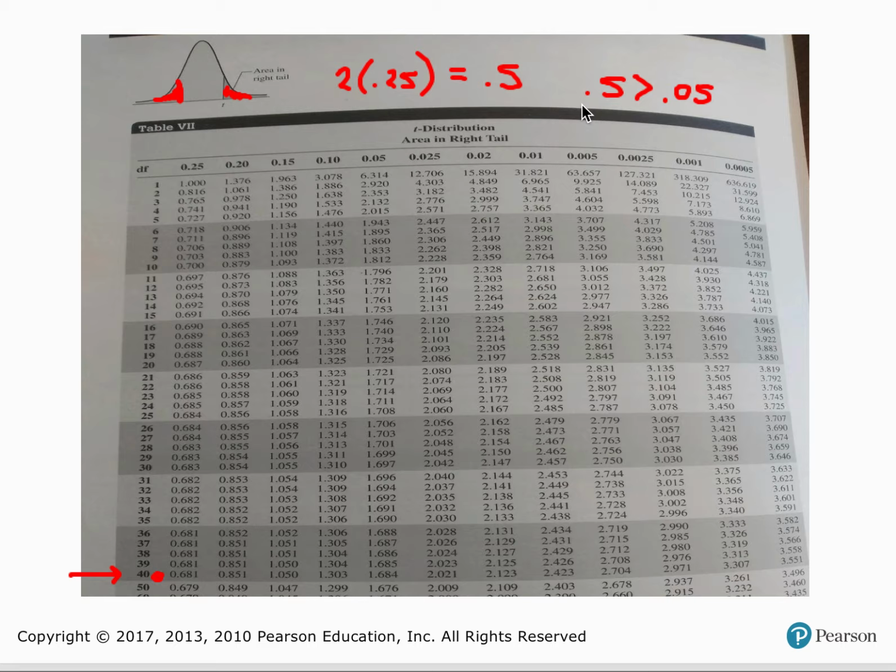But notice the difference when I'm doing the classical approach. Okay, when I'm doing the classical approach, I look across here at my alpha. My degrees of freedom is 40, and alpha was 0.025. Okay, and I get my T sub alpha score. I get the score that goes right here.